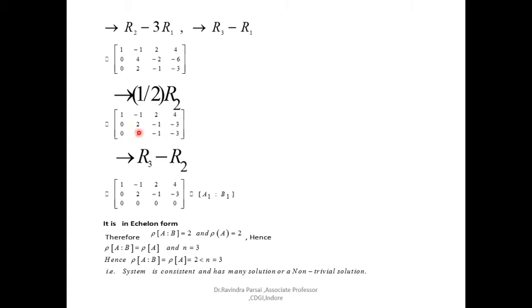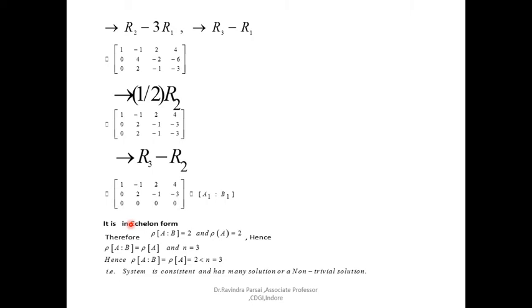Now you will make this position element 0 by using R3 minus R2. On applying R3 minus R2, you get 1 minus 1 2 4, 0 2 minus 1 minus 3, and the only change is in the last row.